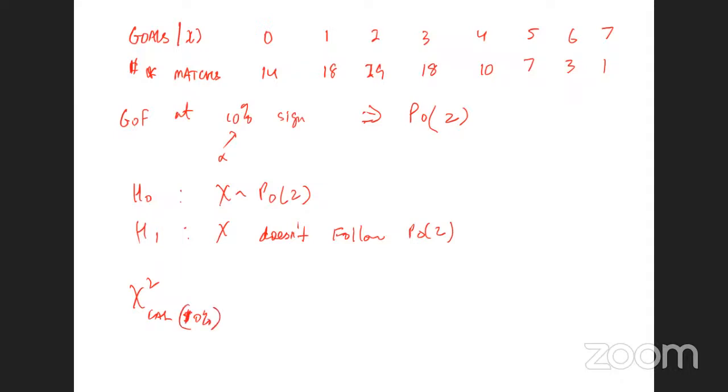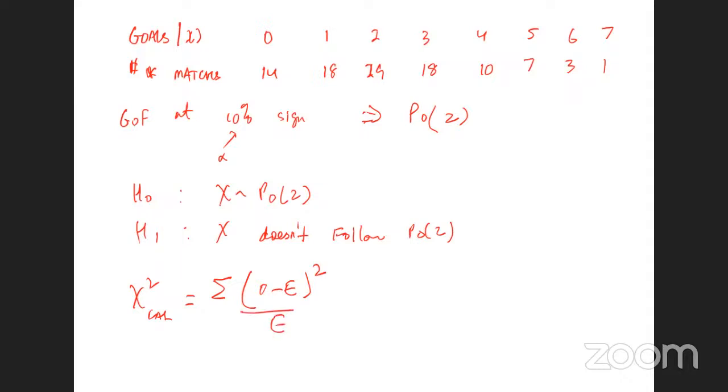Okay? We need to get that calculated value. Its significance doesn't matter as yet. So to get the calculated value, we have to get the observed minus the expected, square that value, and then divide it by E and sum it all up.